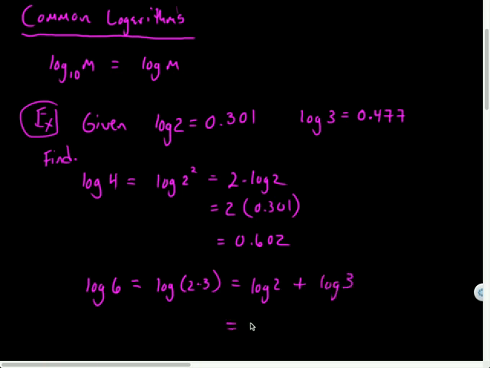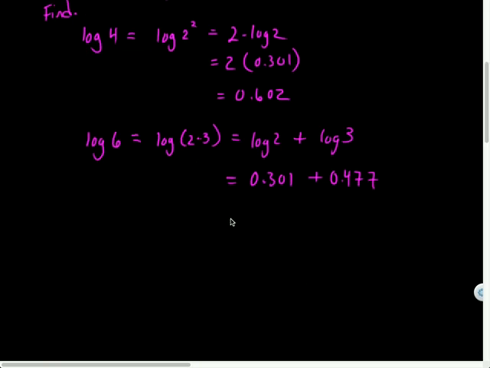So that would be 0.301 plus 0.477, and I would get 0.778 would be log of 6. All right? So using those facts, I'm able to expand on these concepts.